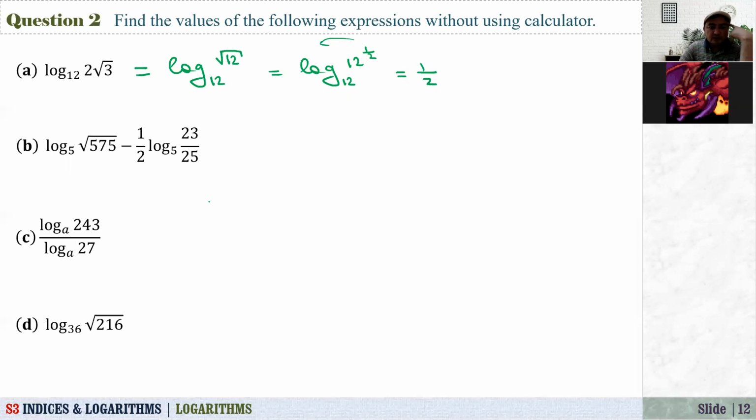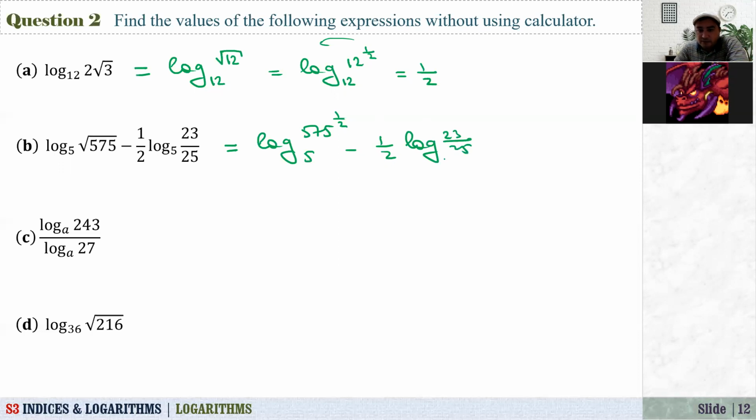And how about B, logarithm of square root of 575 minus logarithm of 23 over 25, again in the base 5. So I can just write it as logarithm of 575 to the power of 1 over 2, minus logarithm of 23 over 25.